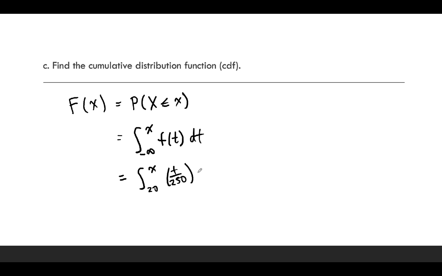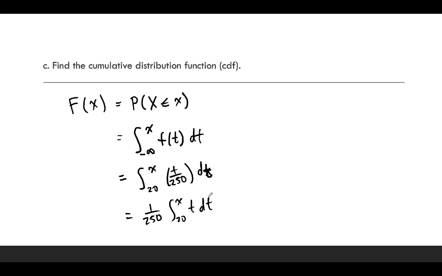So the x is changed to a t, but that's just because it's still the same function. It's just a dummy variable. Now, let's take an algebra step. Similar to before, I can pull out this 250, and it makes my integral look a little bit nicer. Whoops, I messed up over here. Okay, so that's dt.